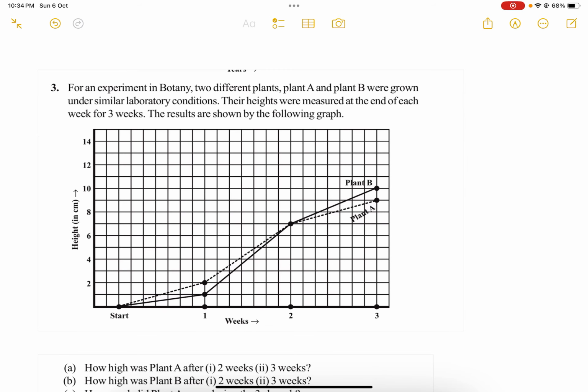For an experiment in a botany class, there are two different plants. Plant A and plant B were grown under similar laboratory conditions. Their heights were measured at the end of each week for 3 weeks. The results are shown by the following graph.